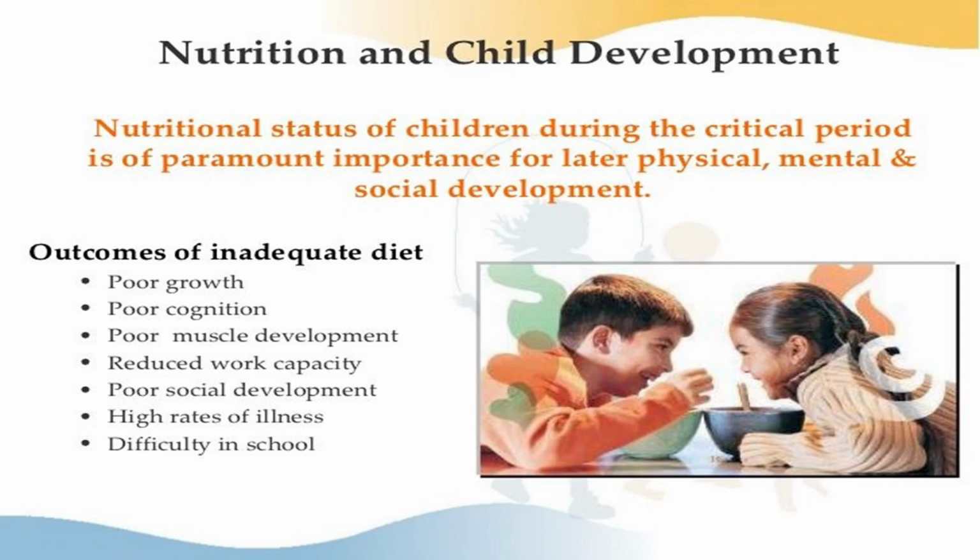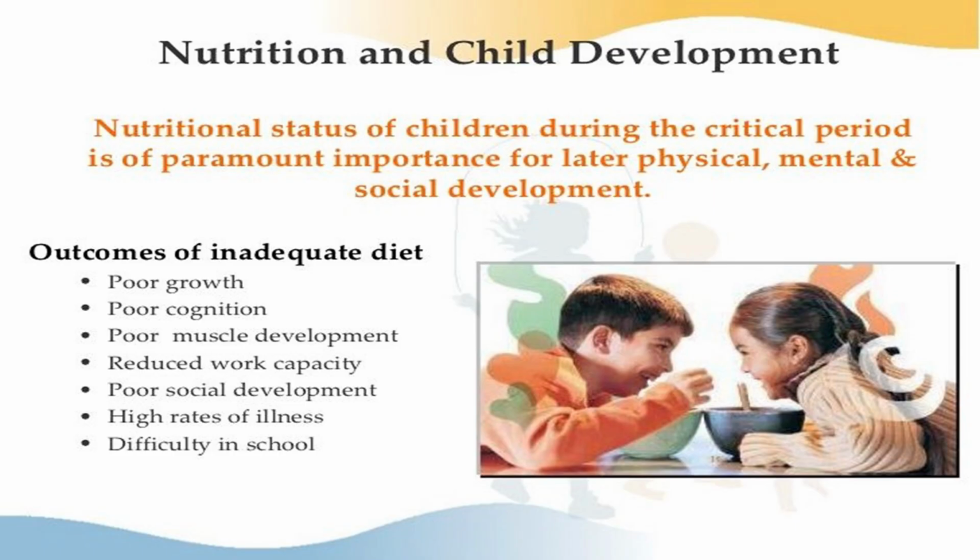Now, see, poor growth means growth in the sense of weight, in the sense of height, as well as in the sense of your mental ability, the capturing ability, learning ability, understanding ability. All those things will be affected if you are not having good nutrition.